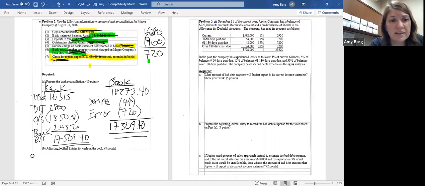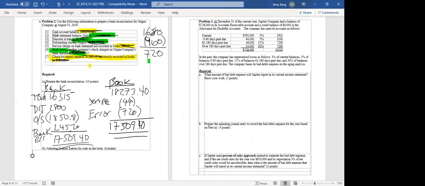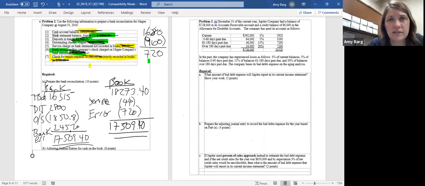There are some other things that they could ask you about that they're not asking you about in this question, so make sure that you're familiar with those things as well. Some of those things might be an NSF check, which is a common thing that we talk about. NSF checks are not sufficient funds checks. That means that somebody wrote us a check, we thought we had money, but it bounced, it was a bad check.